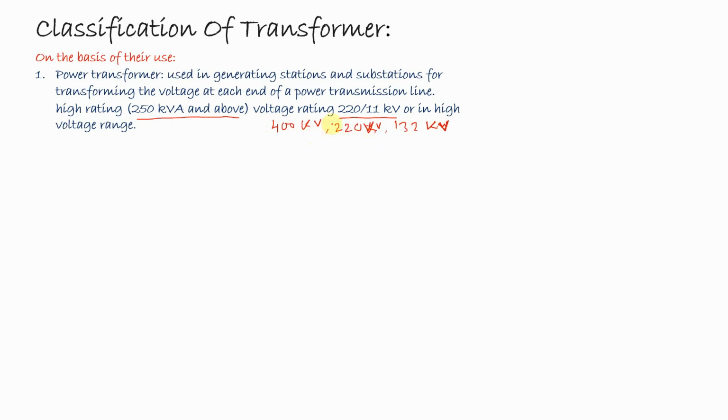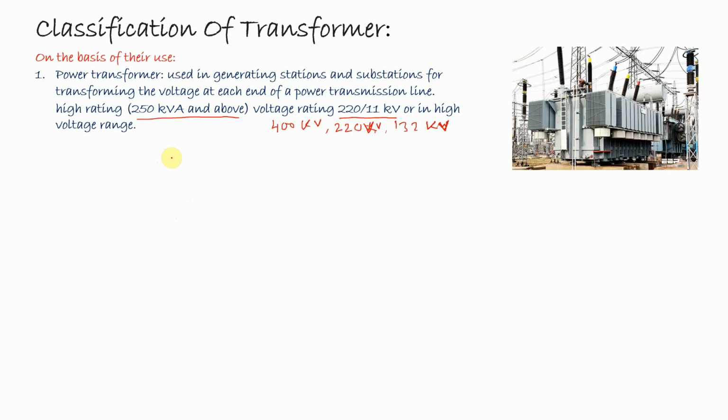So this type of transformer is considered as a power transformer. The power transformer is always operated at a full load condition and their maximum efficiency occurs almost at a full load condition. This is the figure of a power transformer that is used in some power station.